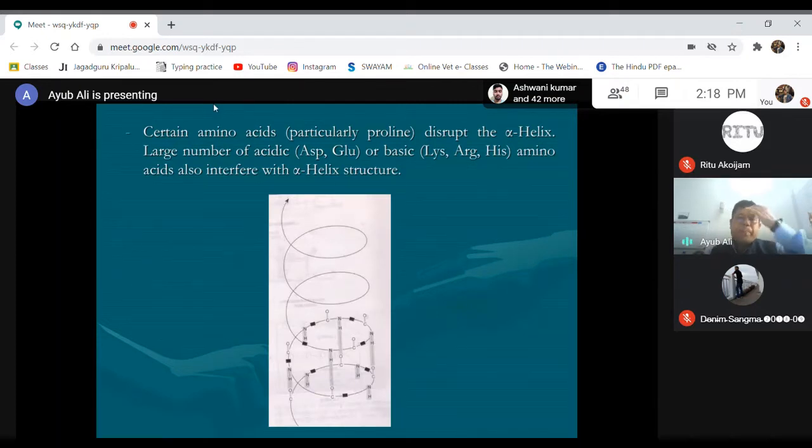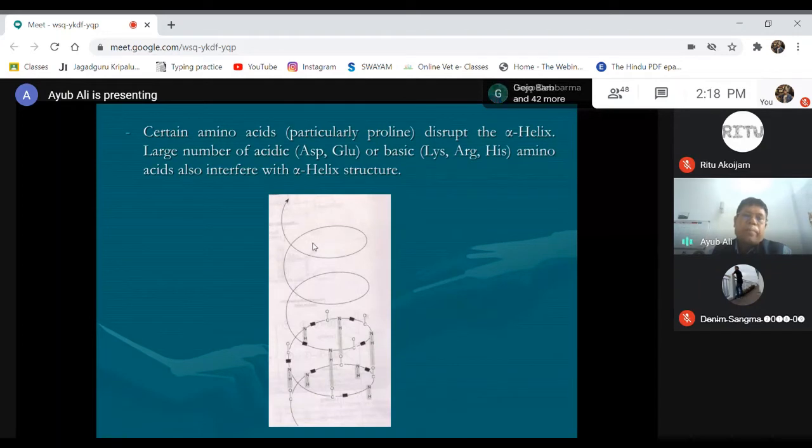See here, this is how the protein is formed. This line shows the backbone of the protein. It turns around like this to form a helical structure. The side chains of the amino acids are buried inside the helix.